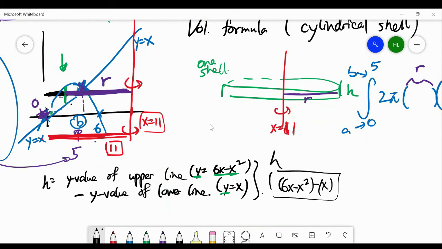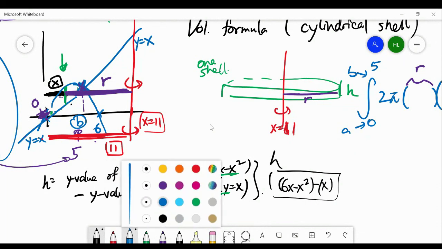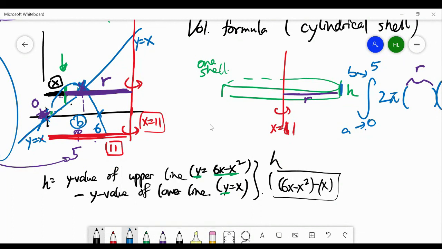And please recall, in this situation, when you're doing it with the cylindrical shell method, this value is exactly x. Because if you go back to the integral formula on the right-hand side, you are basically choosing the green line based on certain points from 0 to 5, right? If you look at the picture, from 0 to 5. So basically, the r we can say, we just directly put 11 minus x.